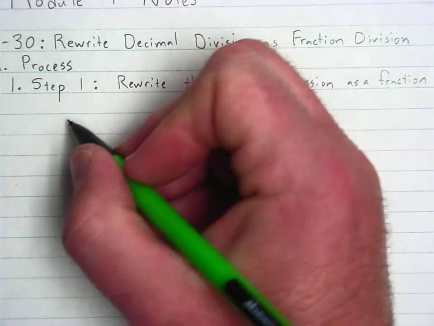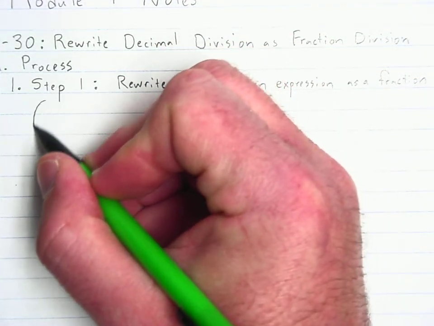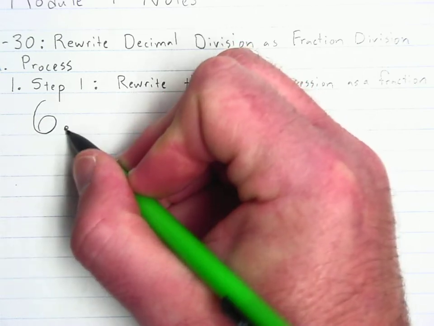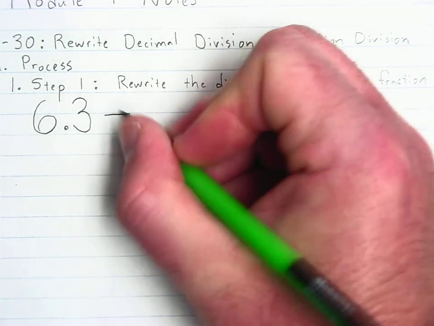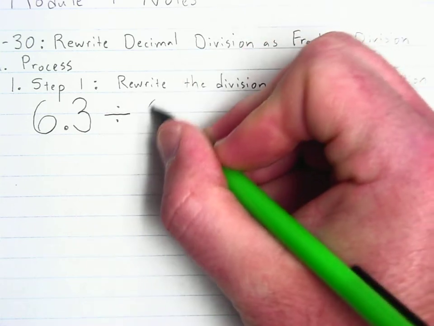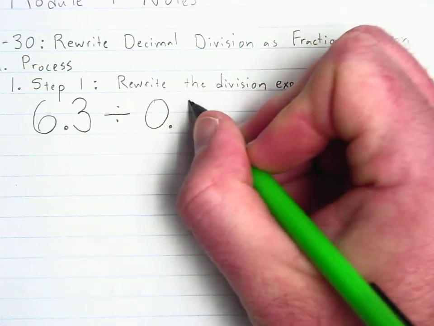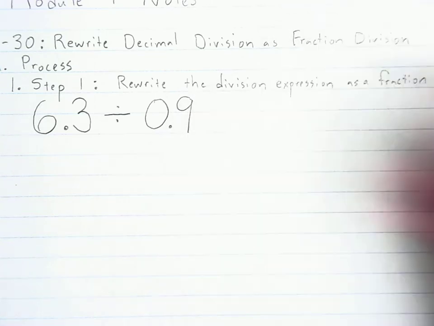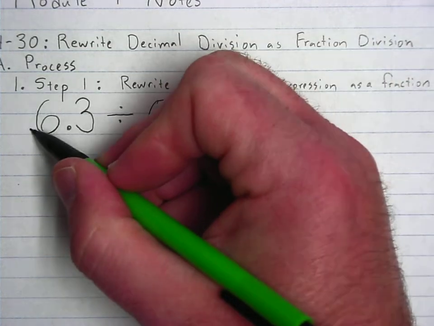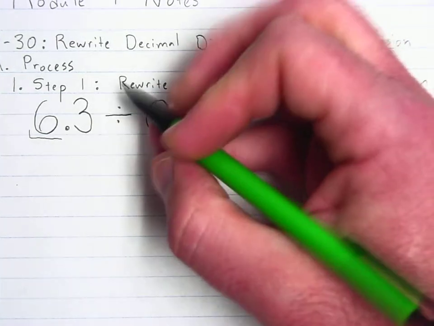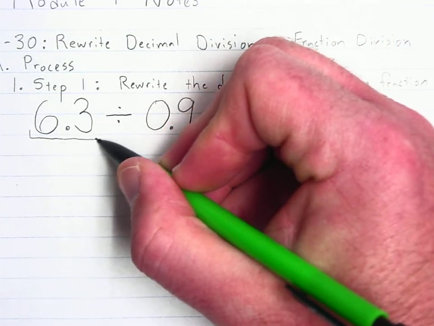So let's see. If I give you 6 3/10 divided by 9/10. 6 3/10 divided by 9/10. Now, it helps if we review a tiny bit of vocabulary here.